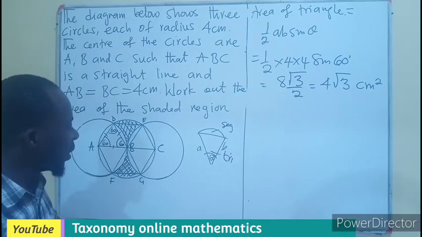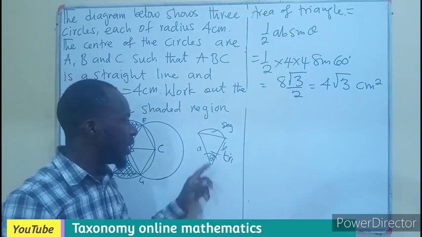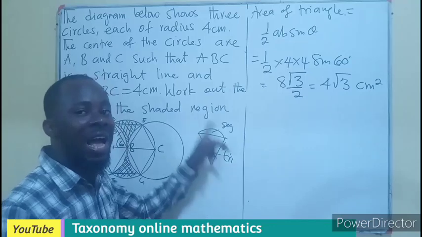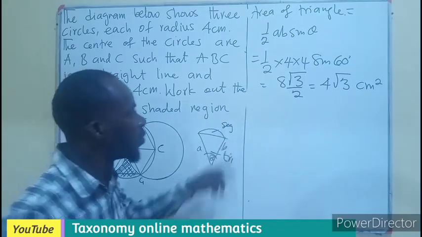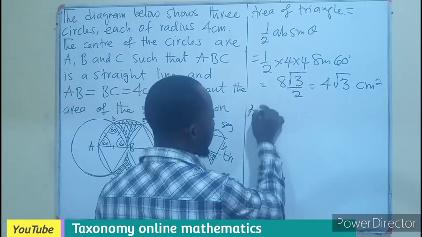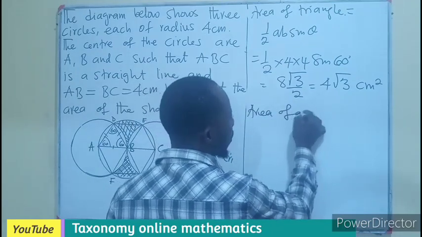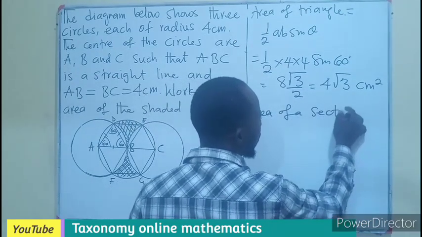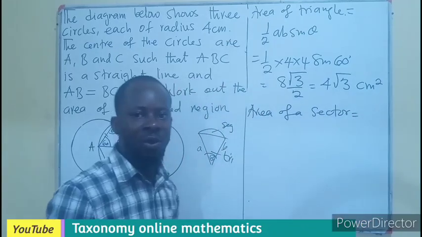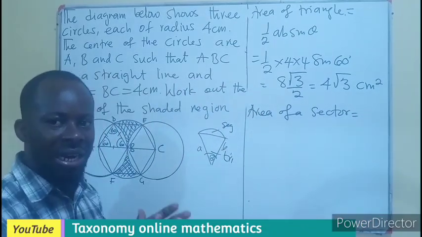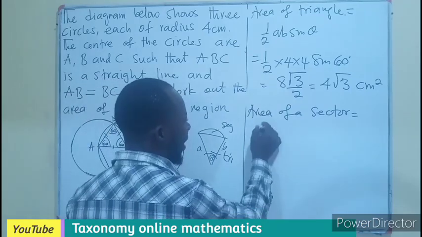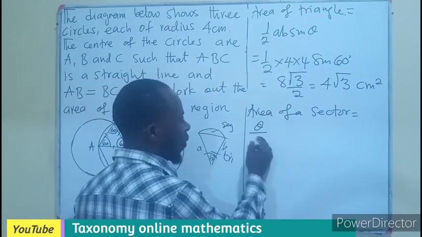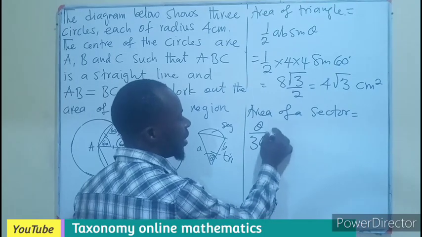Alright. Then what are we looking for again? We need to find the sector so that we can subtract the triangle from it to get a segment. So area of a sector, we know it is concerned with the angle produced at the center, and that angle is going to be 60. So we have it as theta out of total angle 360 times what?